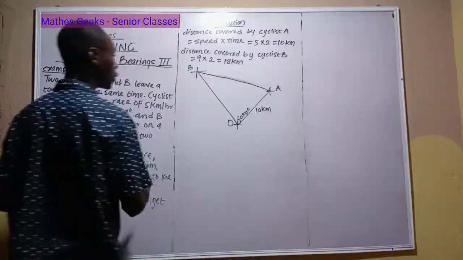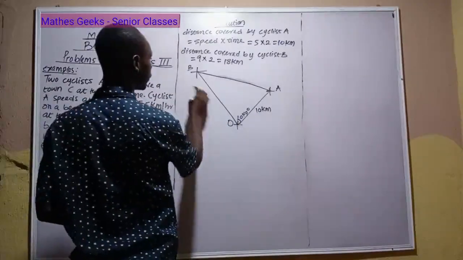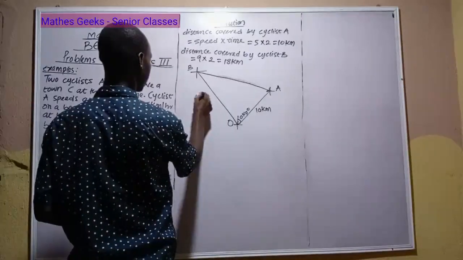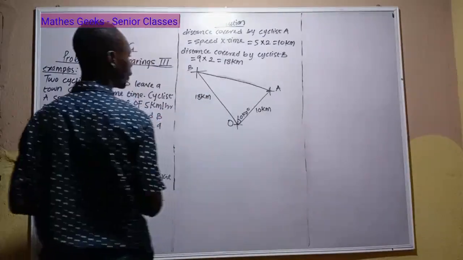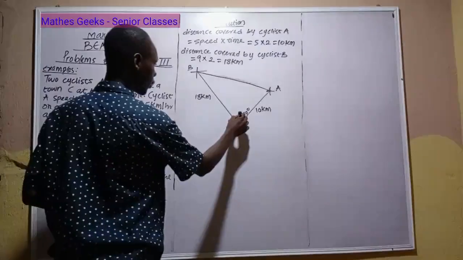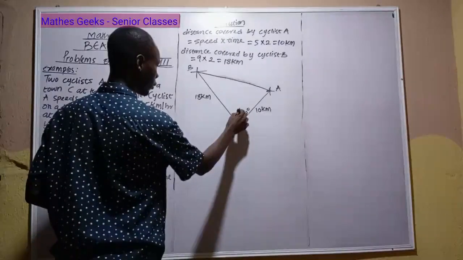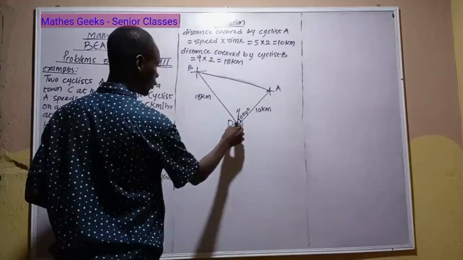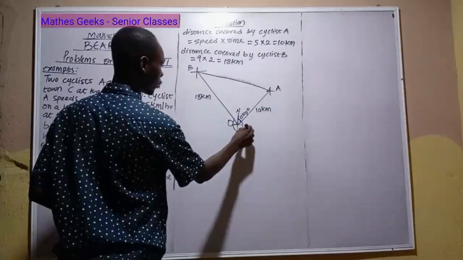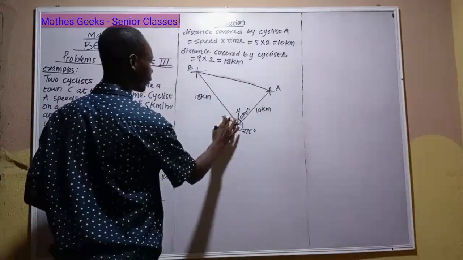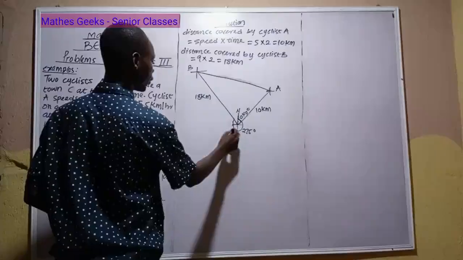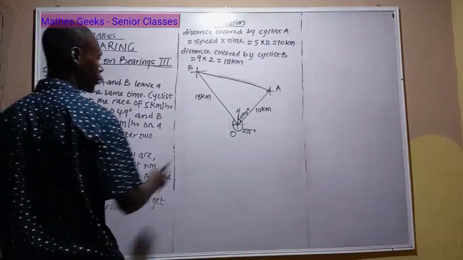So OA is 10 kilometers and OB is 18 kilometers. Now this line from point O is at 275 degrees.